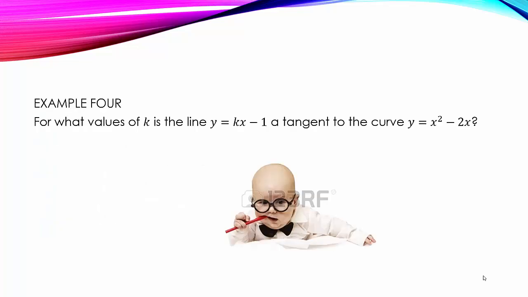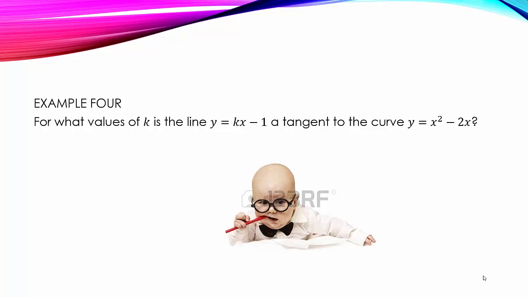For what values of k is the line y equals kx minus 1 a tangent to that curve, which happens to be a parabola? Very tempting to use calculus, isn't it? But this is not a calculus question.